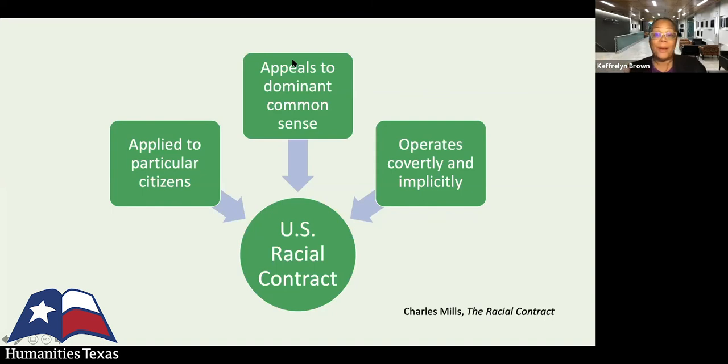And so when we talk about housing discrimination and redlining, many of the arguments that were made for engaging in those practices appealed to people's common sense, which we'll come back to in just a moment. I want to make sure that we come back to this racial contract to show how you can apply it to this example. Next slide, please.